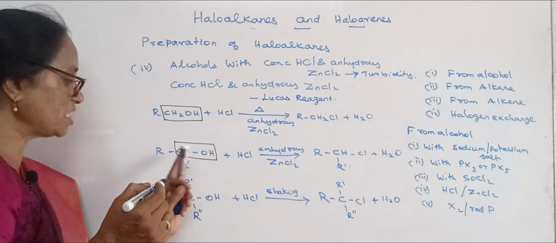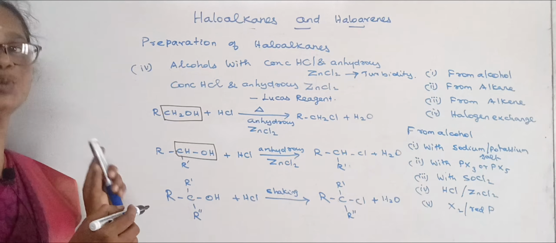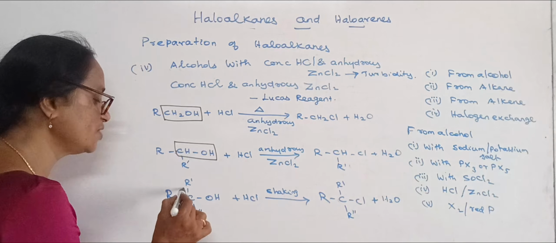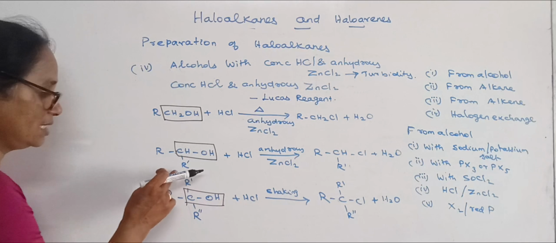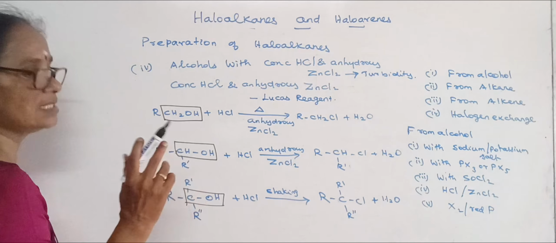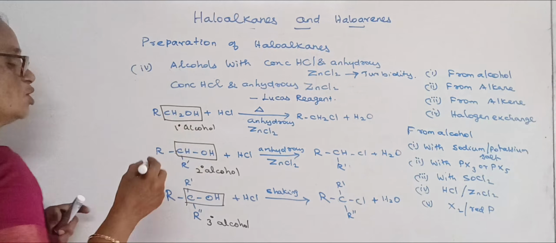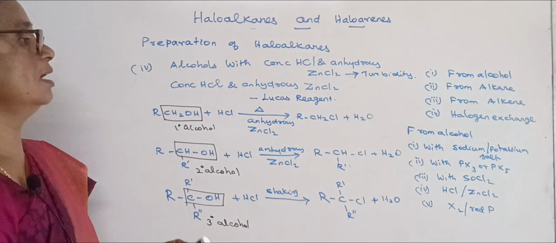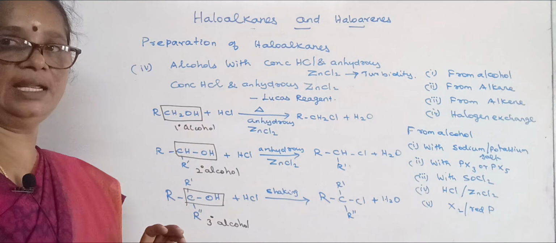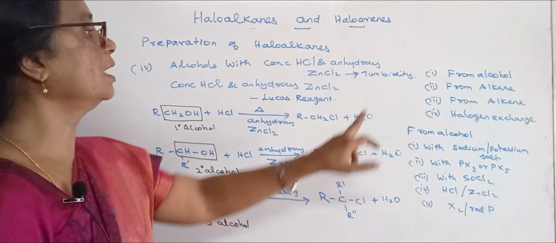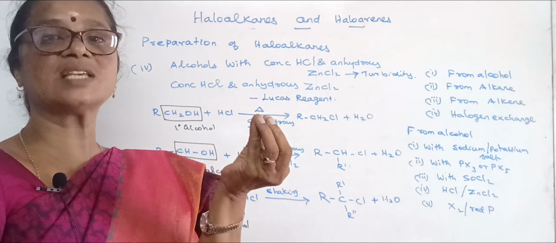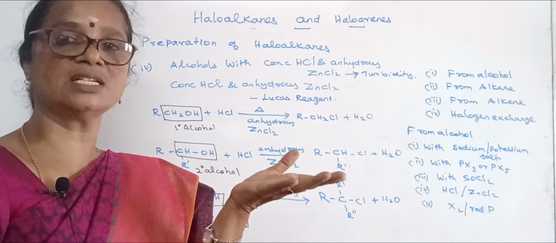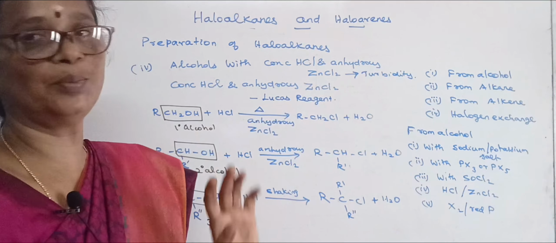This functional carbon has 2 alkyl groups, so it is secondary. And this functional carbon has 3 alkyl groups, so this is tertiary. When the alcohol reacts with the Lucas reagent, it forms turbidity. Turbidity means some material is suspended in the solution.